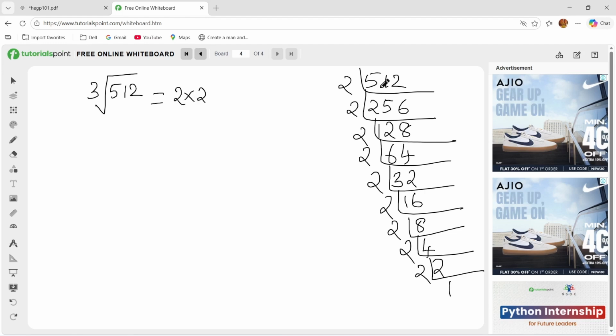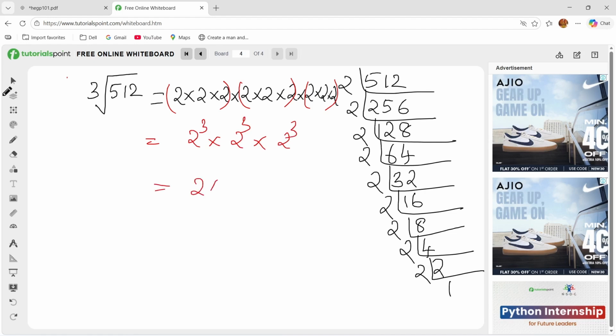So 2 times, 2 times, 2 times, 6, 7, 8, 9. This is 2 cube into 2 cube into 2 cube.